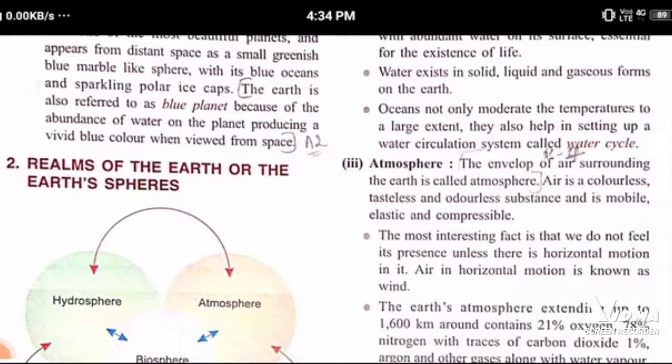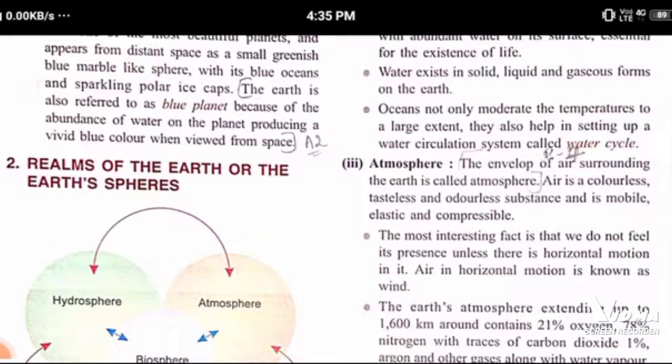The most interesting fact is that we do not feel its presence unless there is horizontal motion in it. You would have seen this when standing in a park, when the air blows horizontally through the trees, then we can feel it.